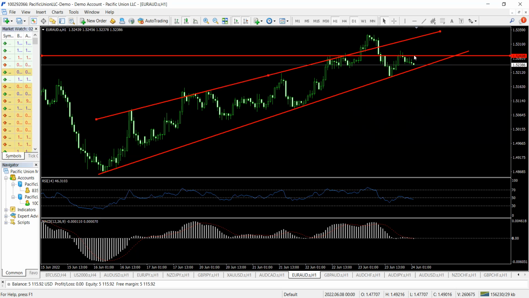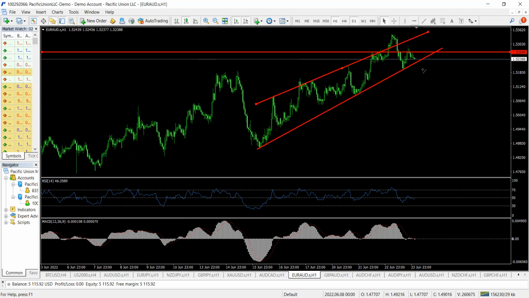So a breakout of price out of this trend line will signal bearish movement in price in Euro AUD. So we are bearish biased on Euro AUD for today.